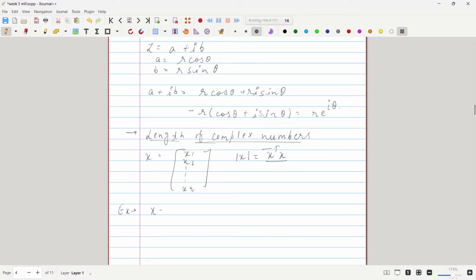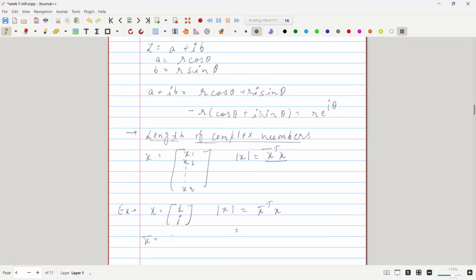Suppose there is an example. We are having a complex vector as (1, iota). You need to find the length of this complex vector. So this will be equal to x conjugate transpose into x. What is the conjugate of this vector? You have to change the sign of iota.